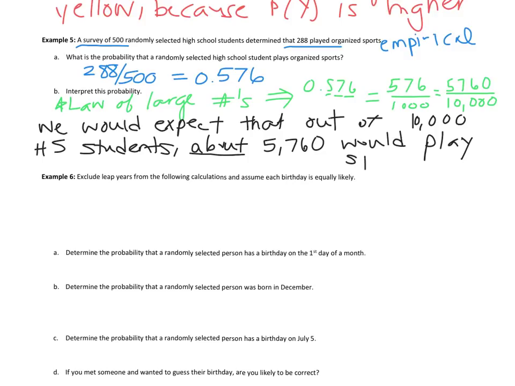All right, so the law of large numbers: as our experiment increases, the proportion becomes the actual probability.